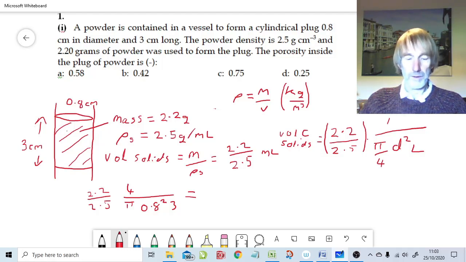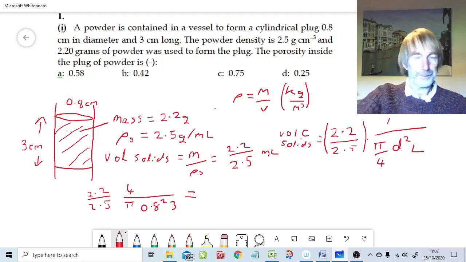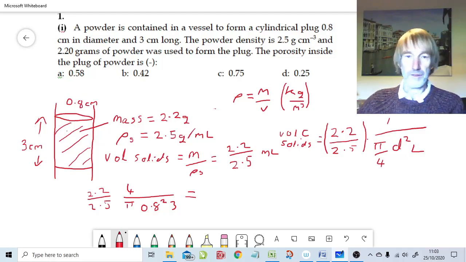If we times that by 4, divide by 3.142, divide by 0.8, divide by 0.8 again, divide by 3, 0.58. So that gives us the value of 0.58.